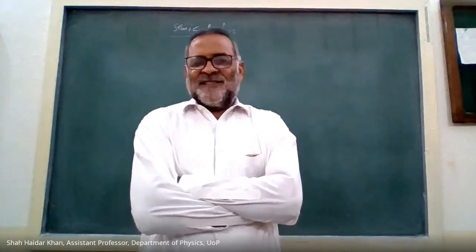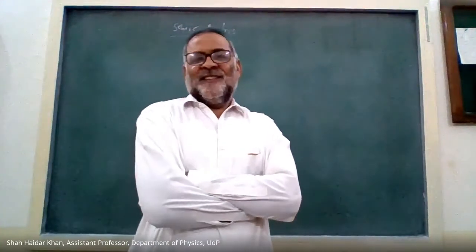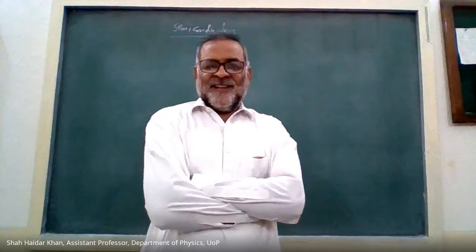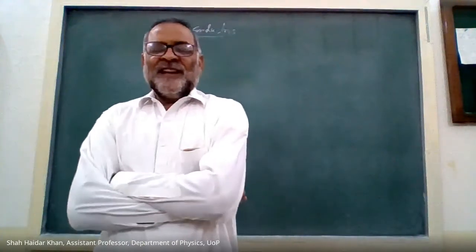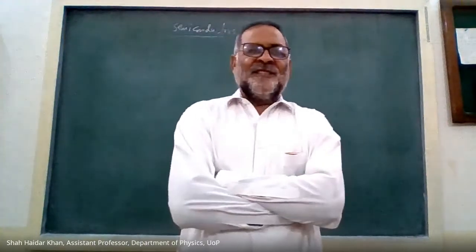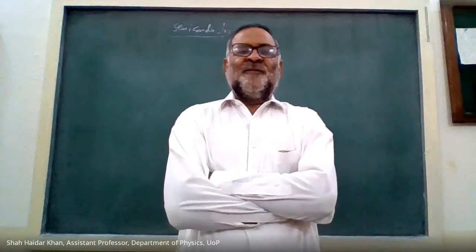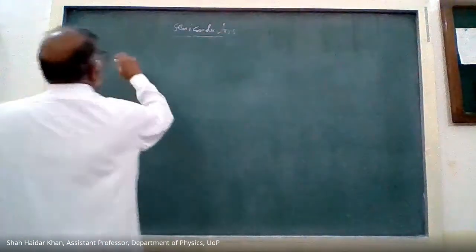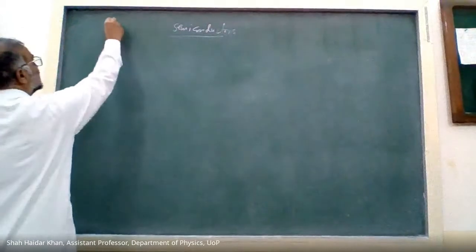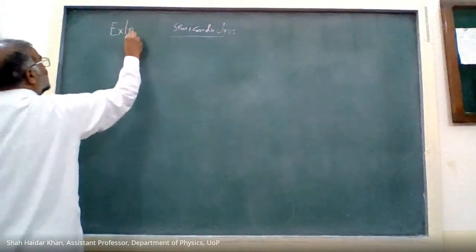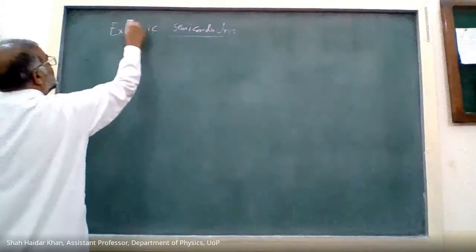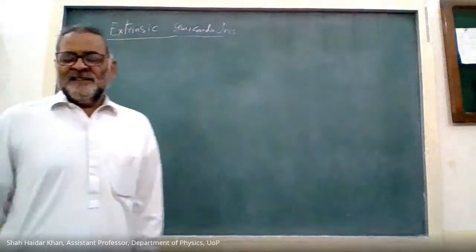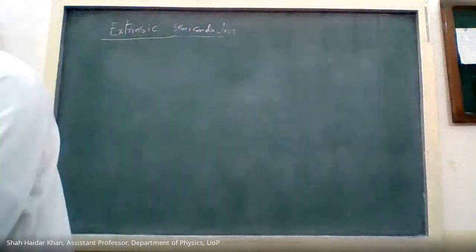So let us make the semiconductor a little dirty, put some impurities, and that is called an extrinsic semiconductor, a semiconductor which contains some dirt.